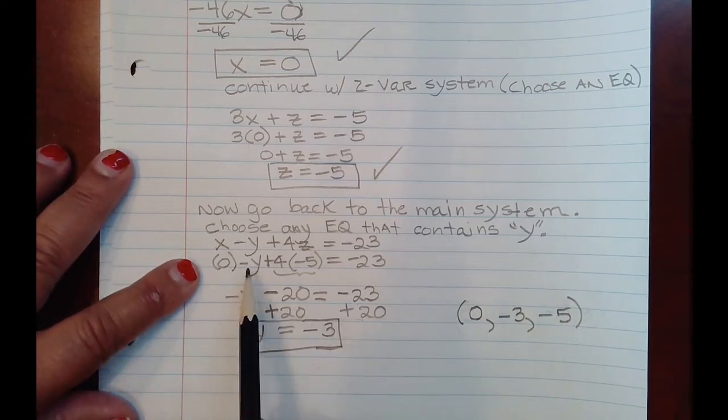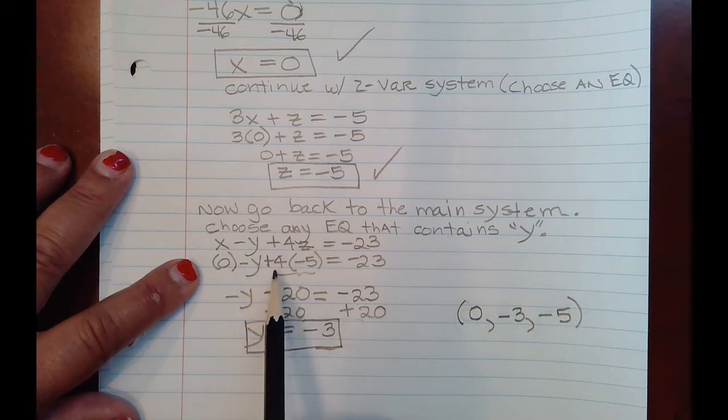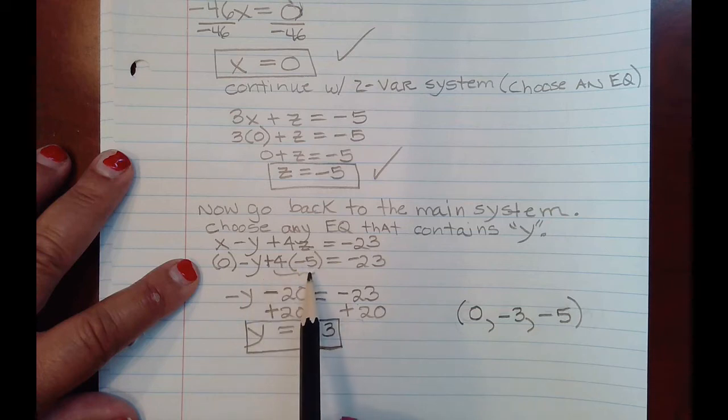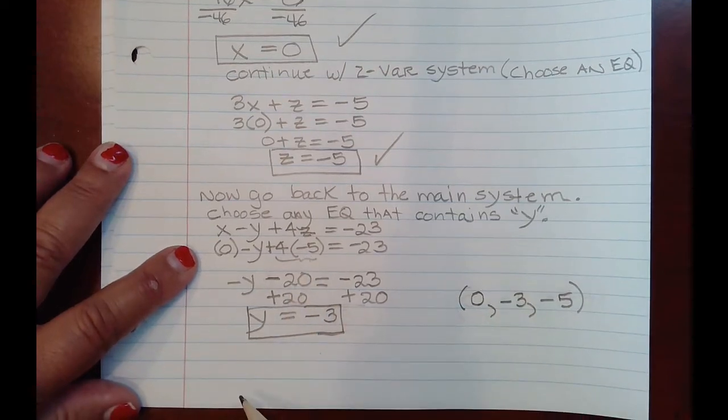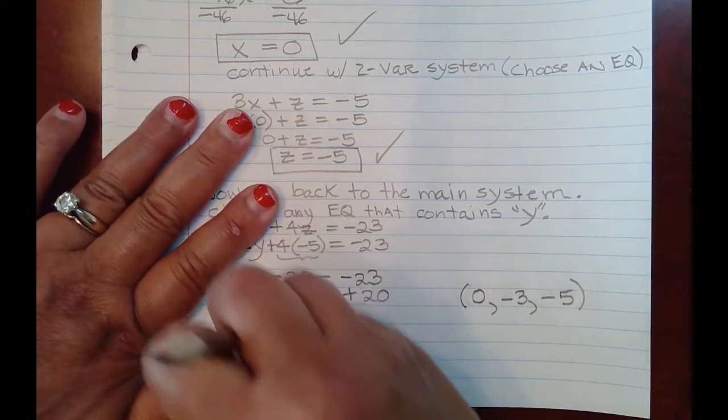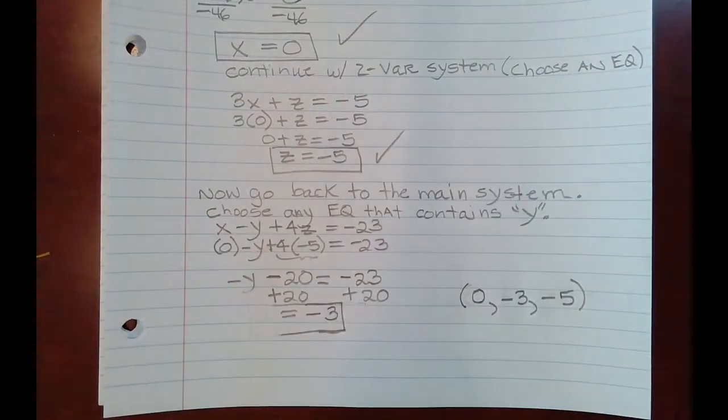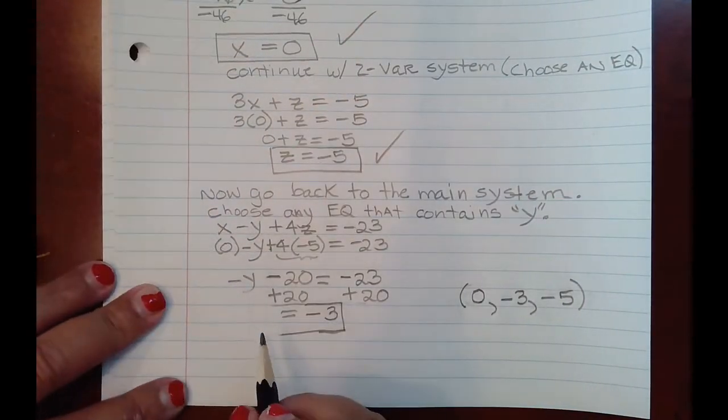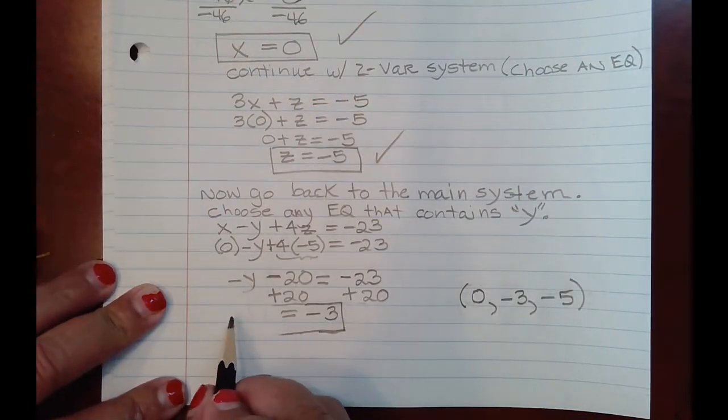So 0 minus y, and my y value I didn't know yet. And then it was positive 4 times negative 5, and that is negative 20. And then I see. Wow, really messed up on this one. Yep, I copied it wrong twice.